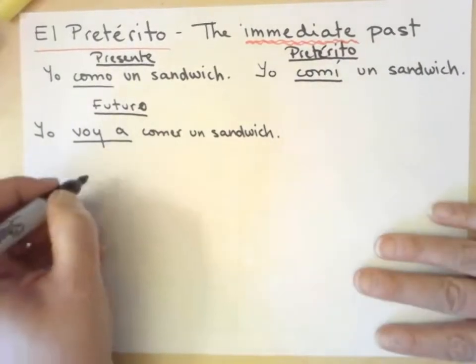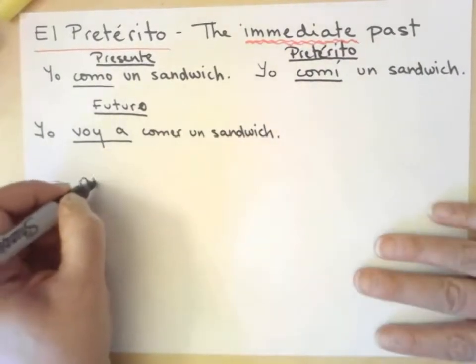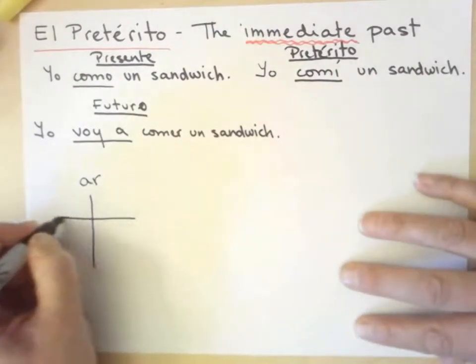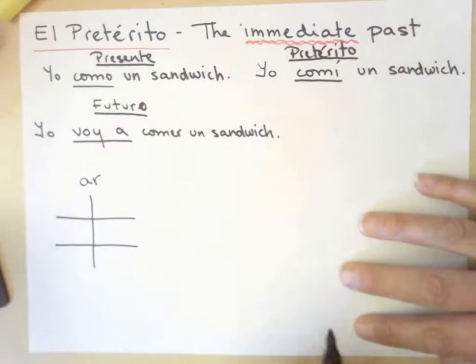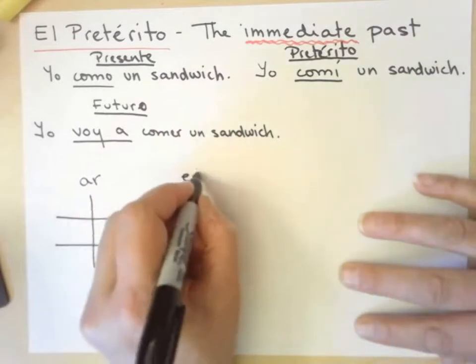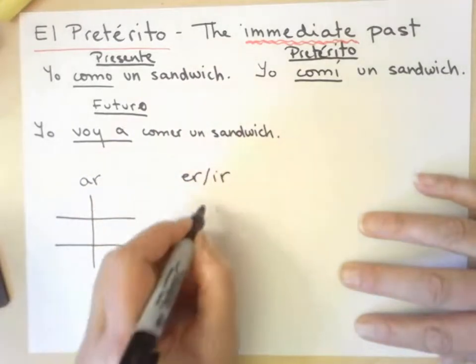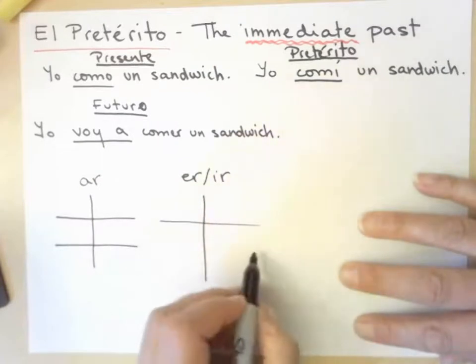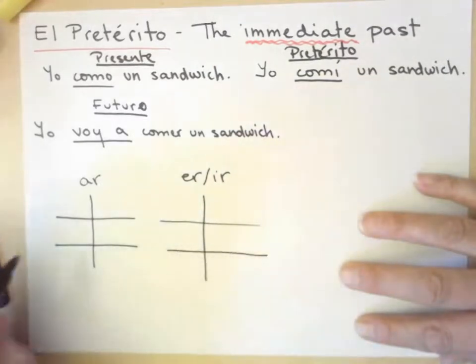En español, en el pretérito, we only have two sets of conjugations that we need to remember. One is for AR verbs, and one is for ER and IR verbs. See? I hope that everyone knows by now our little conjugation chart.